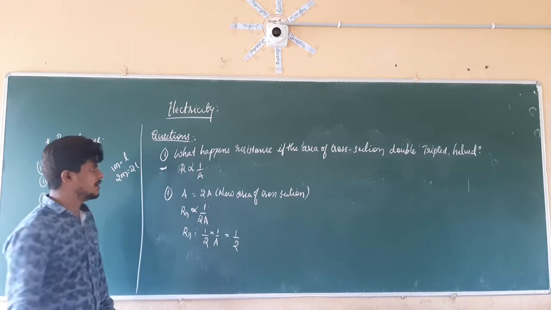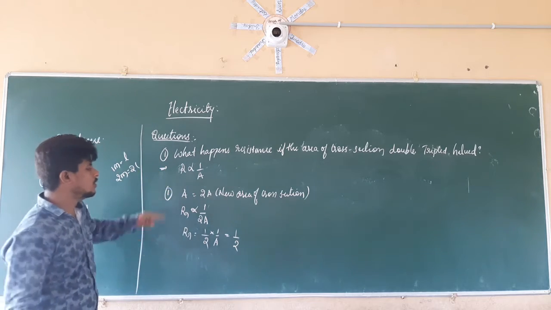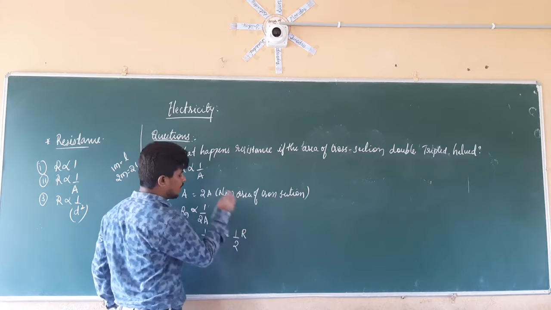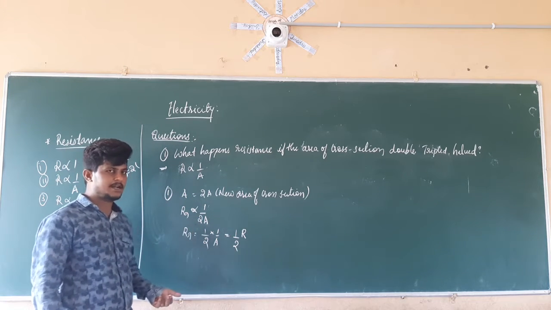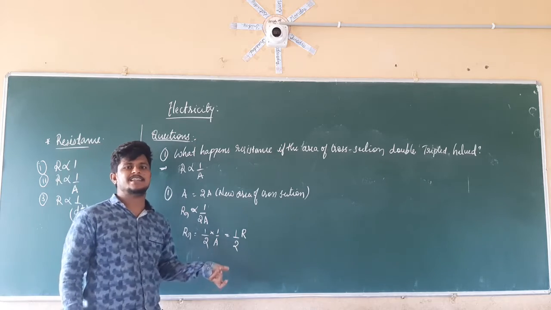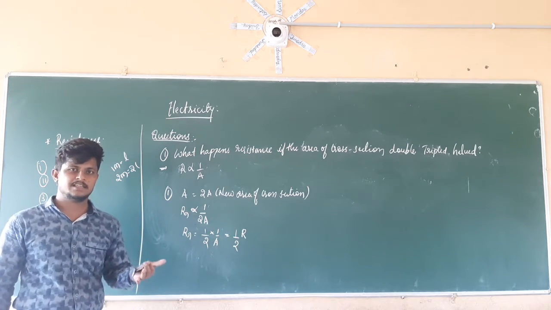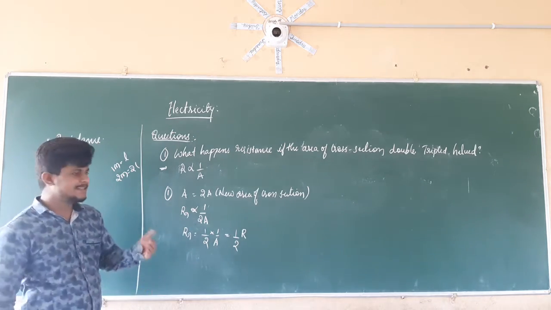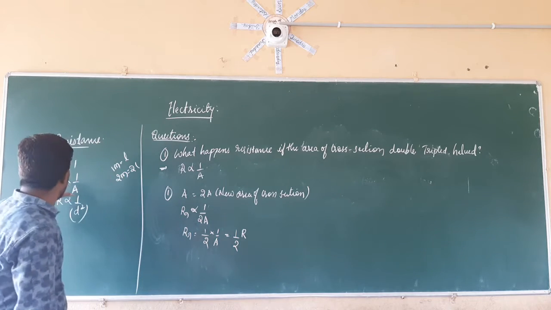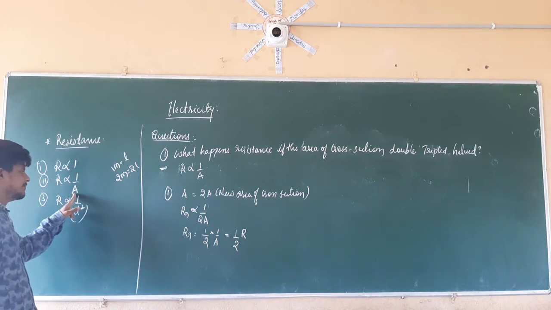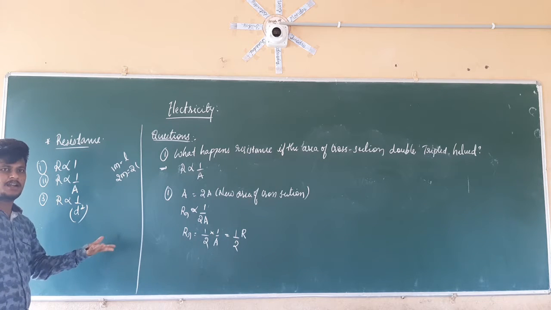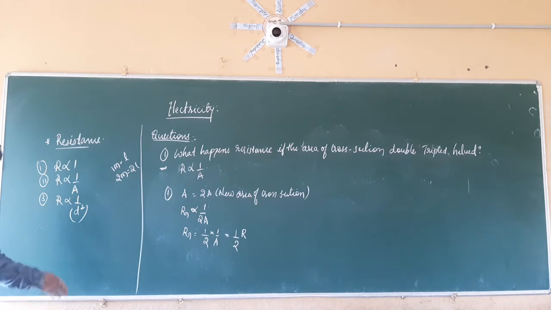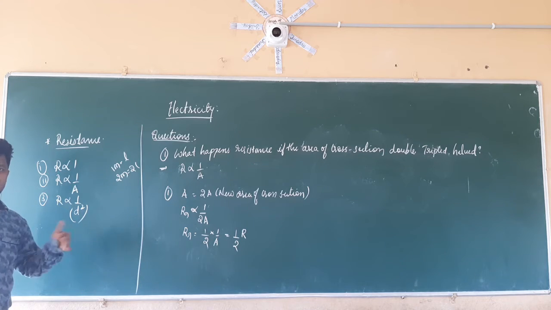What is the value of 1 by A here? It is equal to R. So what is happening after the area of cross section is doubled? The resistance of the conductor is getting half. Why is it getting half? Since the area of the conductor doubles, in the same manner, in the same amount, the resistance of the conductor is getting reduced.